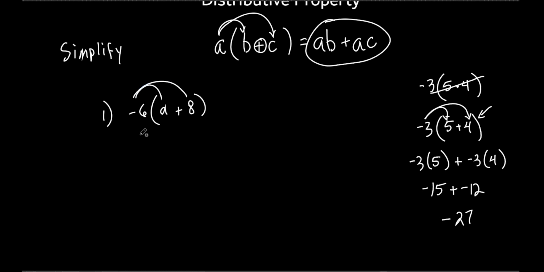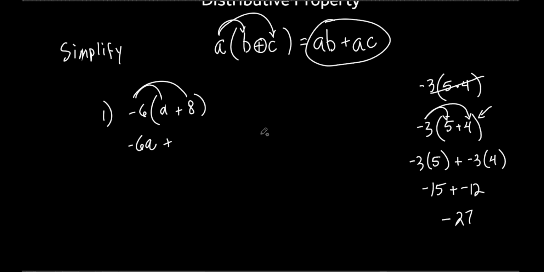I'm going to distribute the -6 through all this. So let's do it. It's -6 times a. How do I write -6 times a? Just what? Do I need to put a parentheses or anything like that? No, I just write -6 a. That's it. All right, now we're not done because we got to distribute this -6 through the 8. Now let's go ahead and do that. Put a plus, because you got a plus right here, and then you're going to go -6 times 8.